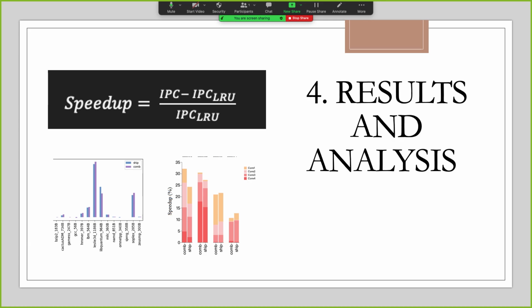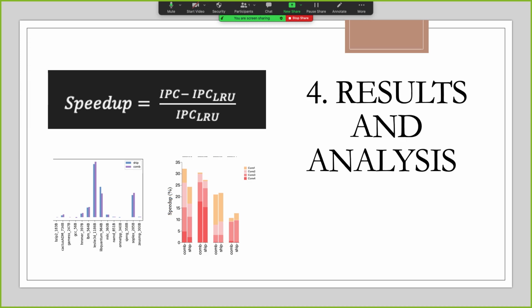And for the next graph, there are 4 mixes. For the first 2 mixes, we can see that our algorithm has better performance than SHiP on each core.